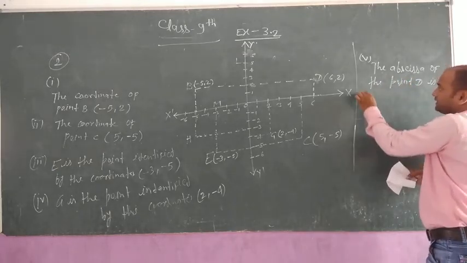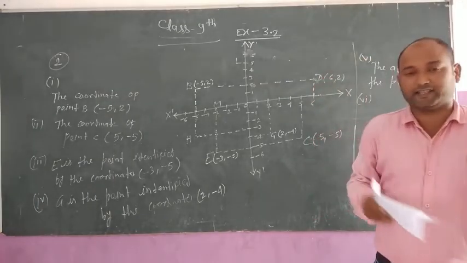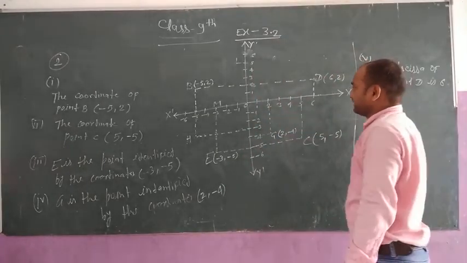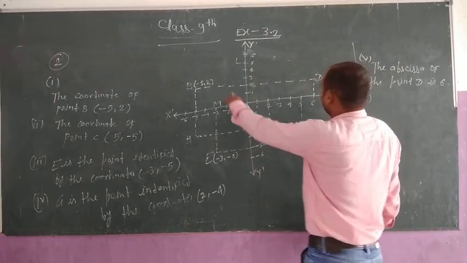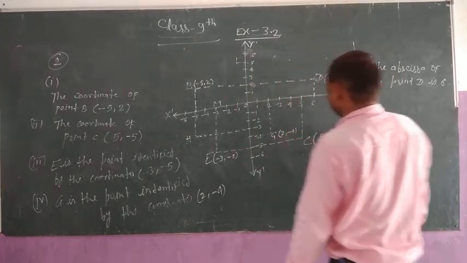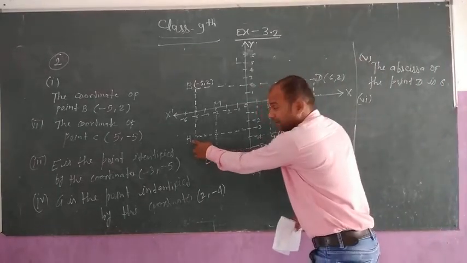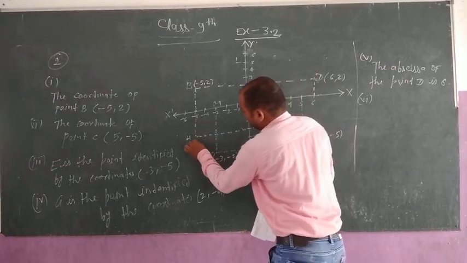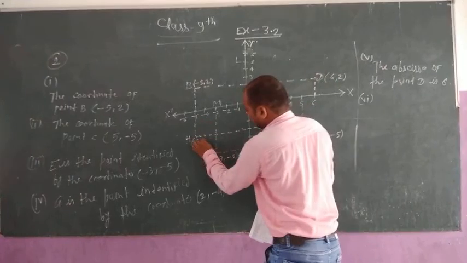And question number 6. The ordinate of the point H. Ordinate means y-axis. Where is H? This is the point H. Means x-axis distance -5 and y-axis distance -3.